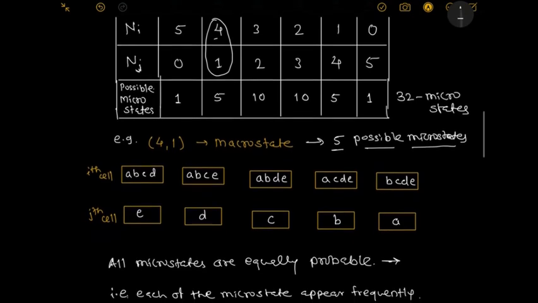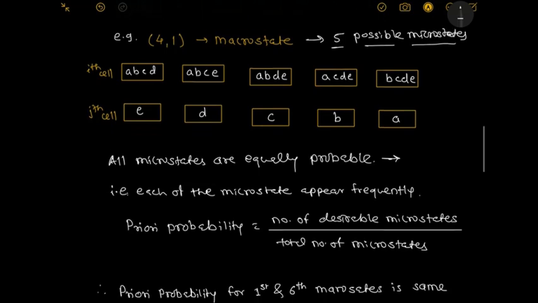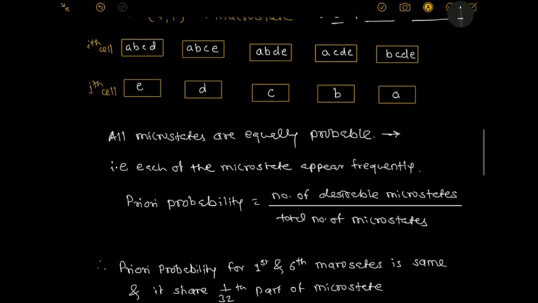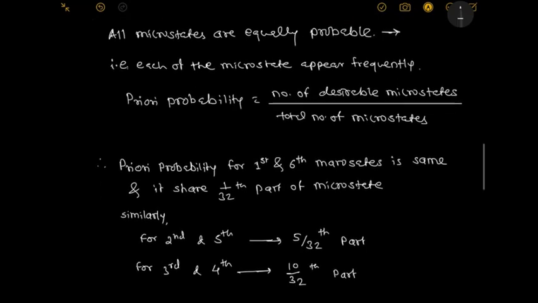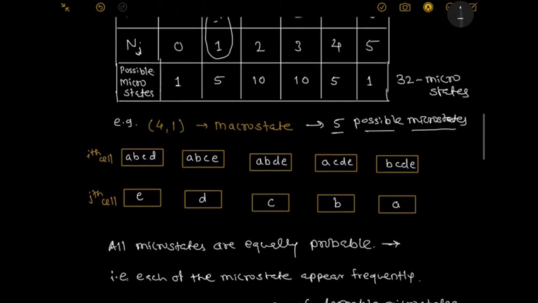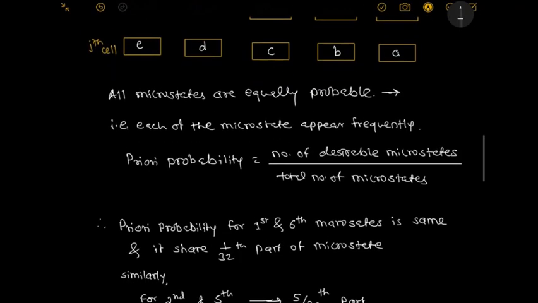That means all microstates are equally probable. We proved this by calculating the a priori probability for each macrostate, and that a priori probability for the first and sixth macrostate is the same, similarly second and fifth are the same, similarly third and fourth are the same. Hence we say that all microstates are equally probable.